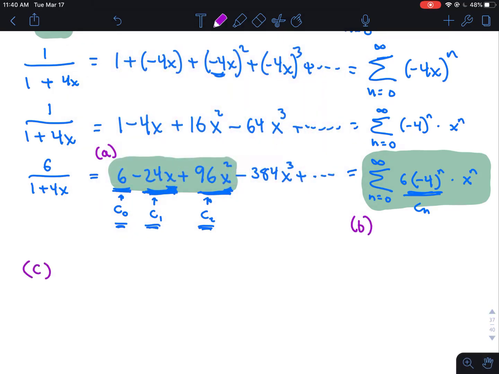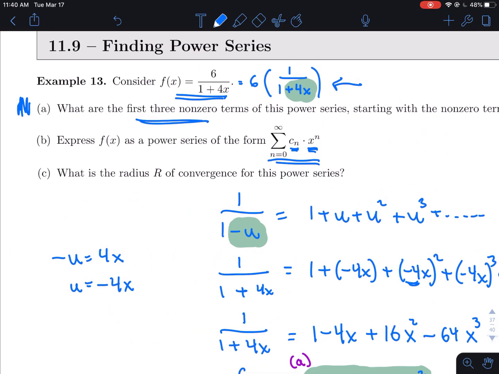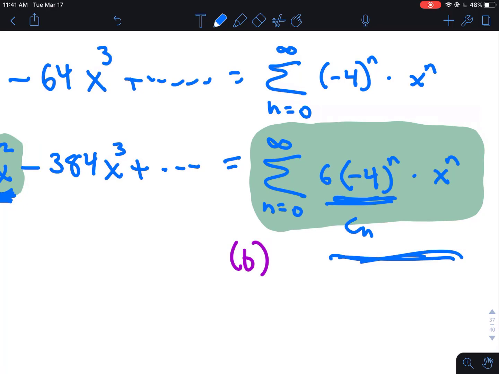And now finally, if we wanted to do part C, well, there are a couple of different ways that you can go about this, right? Since we now have the power series, and we're interested in figuring out the radius of convergence for that power series, really this is an 11.8 question. So we could go back, put on our 11.8 hats, and use the ratio test and all the stuff that we did in 11.8 with this power series to figure out what the radius of convergence is.